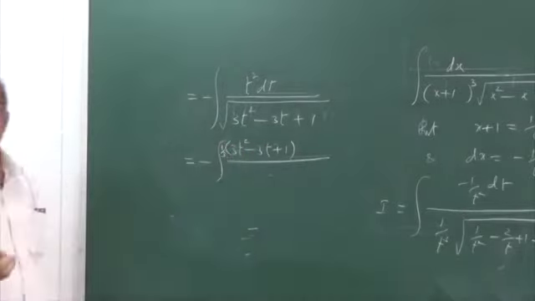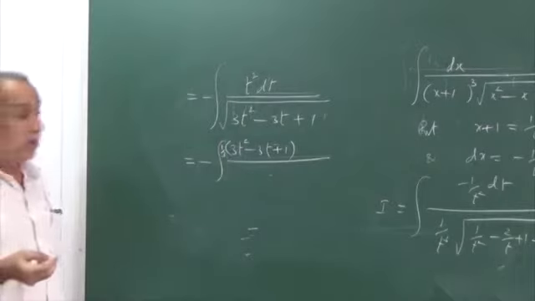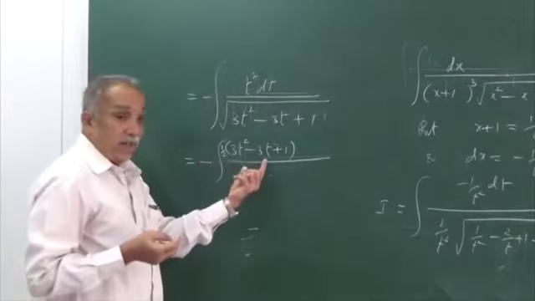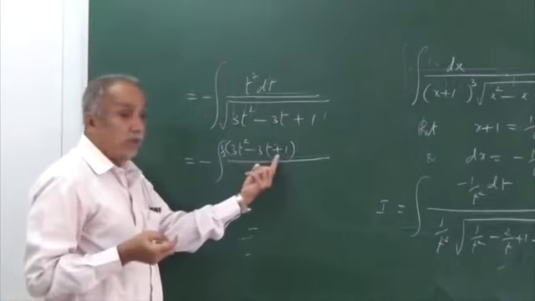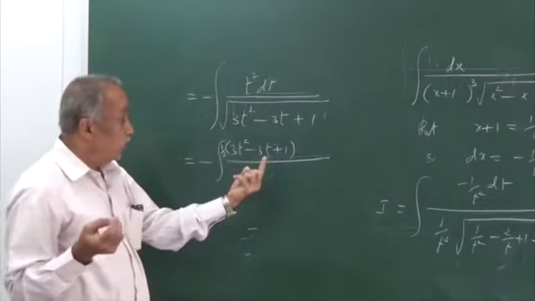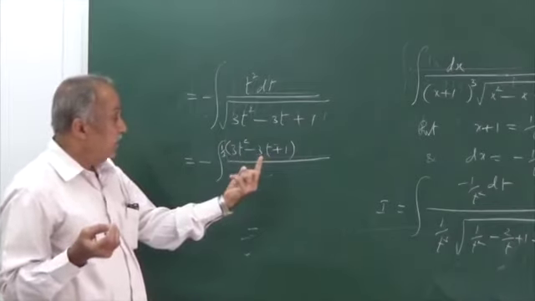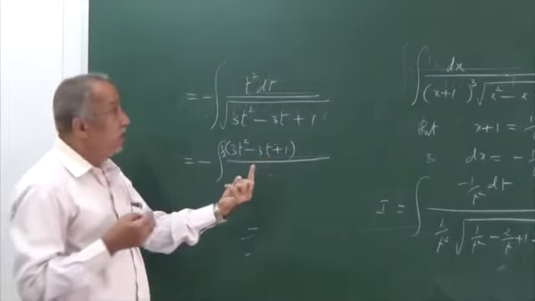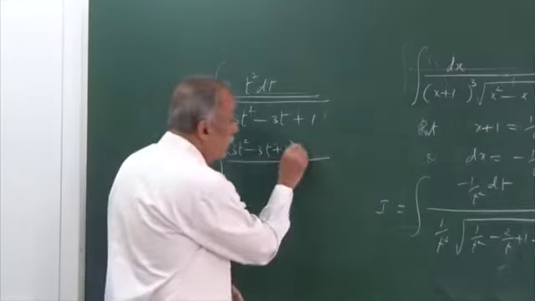I have taken care of the t square in the numerator. As a result of insertion of these two terms, I have got two unwanted terms in the numerator. They are minus t and plus 1 by 3. I must get rid of these two.